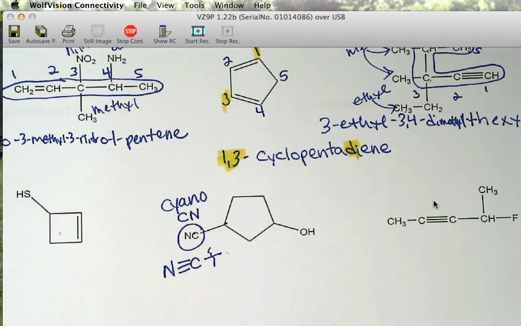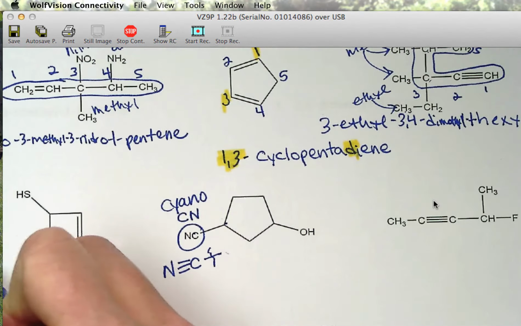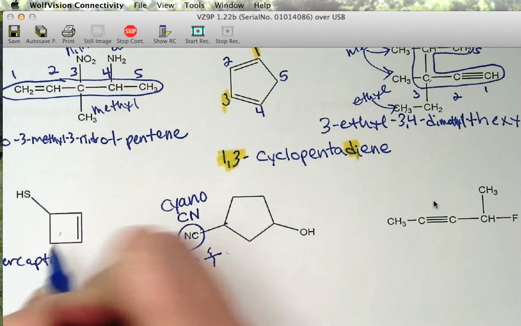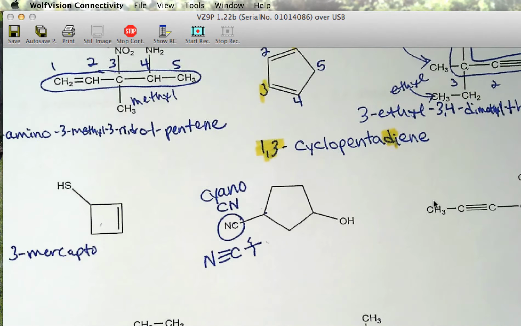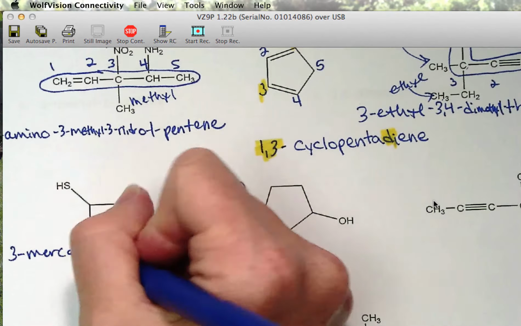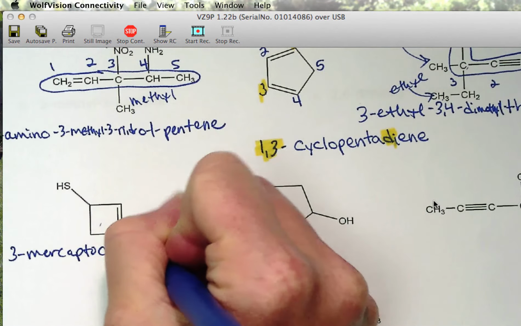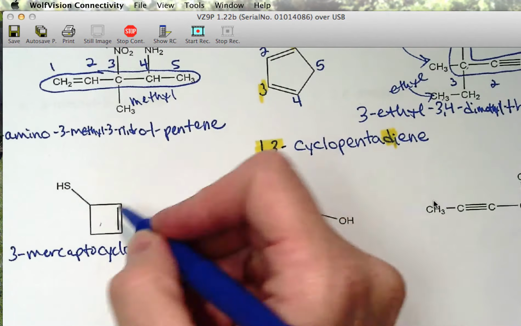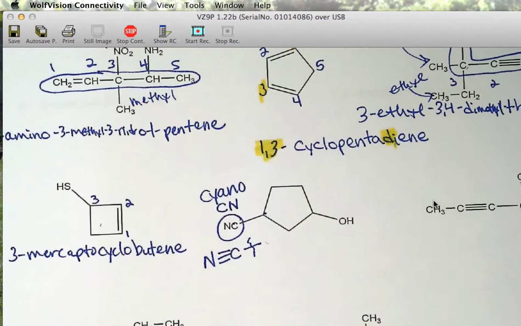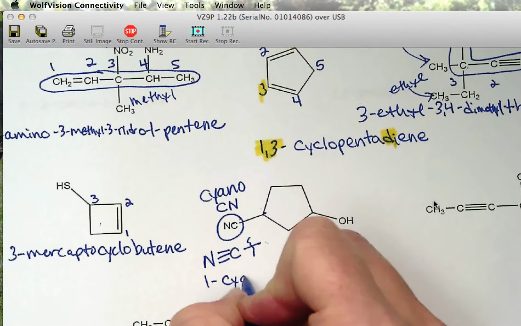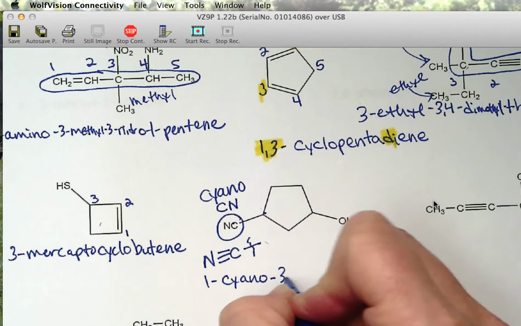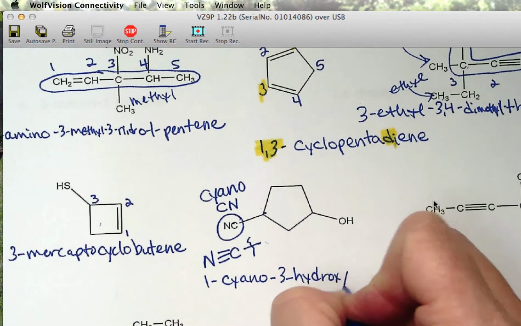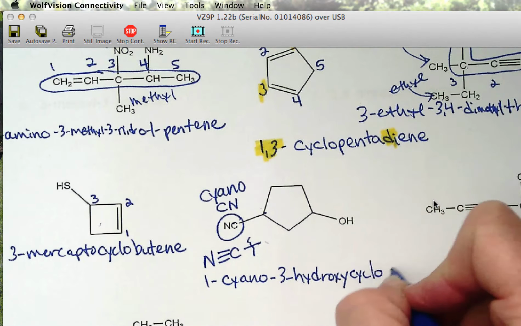Okay, so this first structure is 3-mercaptocyclobutene, sorry. And you don't need the number for the double bond because it's a cycloalkene. So 3-mercaptocyclobutene. The next structure, 1-cyano-3-hydroxycyclopentane.